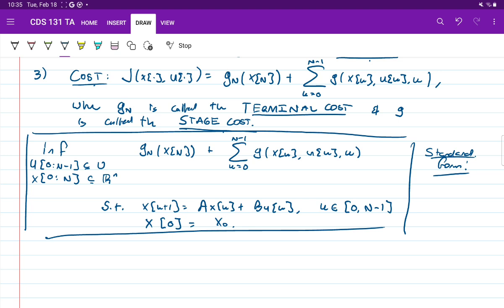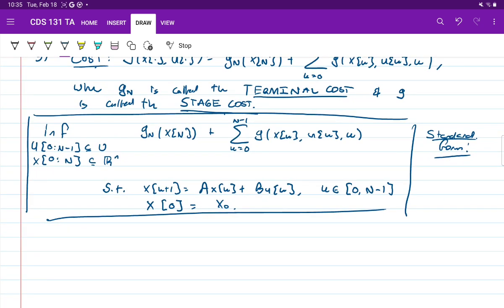So what we've done here is, instead of working directly with the state transition map, we've introduced these new variables x, which directly deal with my state, and I've added a constraint that this x trajectory needs to exactly equal what the state transition would be. This is just a basic reformulation, which is a little easier on the eyes.